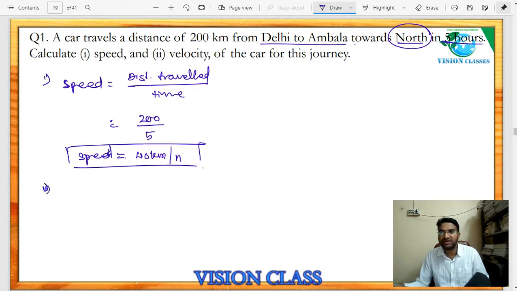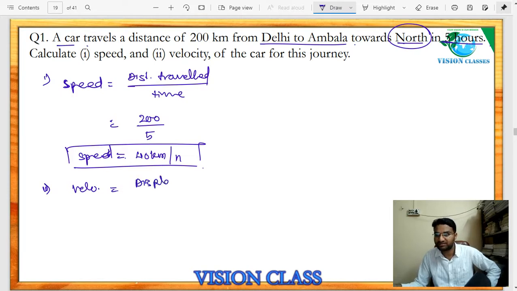Now the second part: velocity is again displacement over the time taken. How much displacement took place for the car?